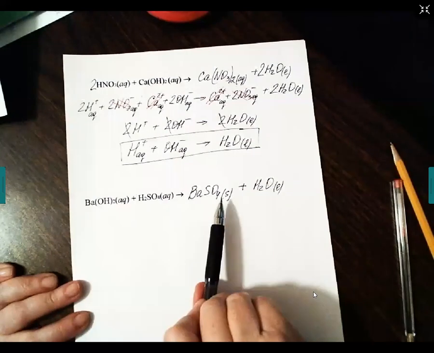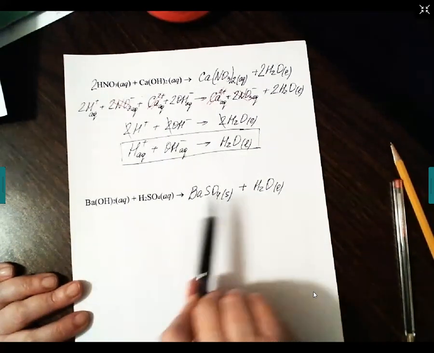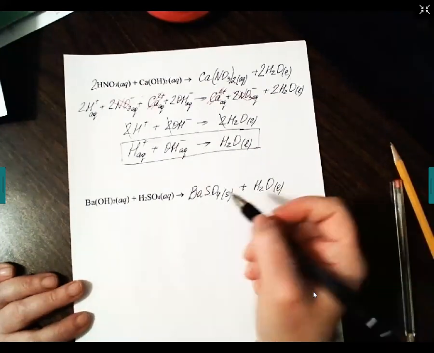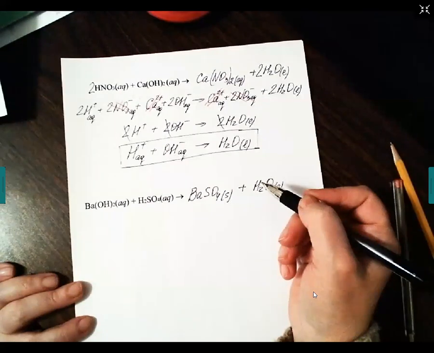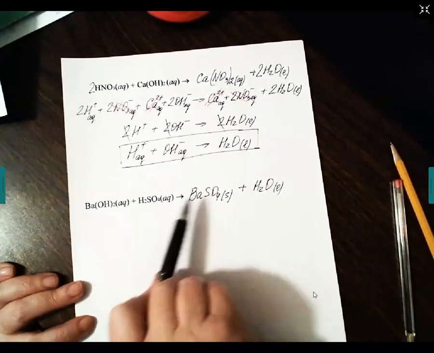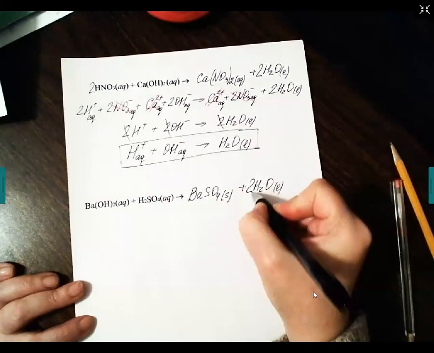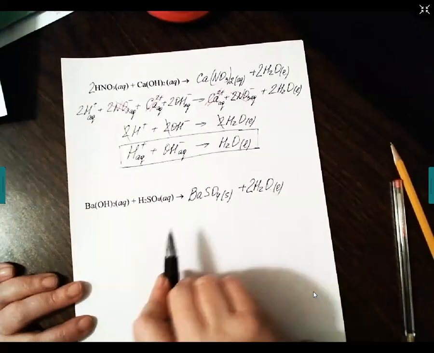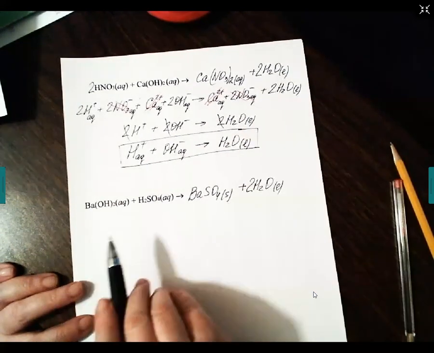So we have 2 products, solid and liquid, no soluble products. Let's check coefficients. So 1 barium, 1 barium, 1 sulfate, 1 sulfate, but to balance it, we need to put coefficient 2 in front of water, and now it is balanced the same way this one was balanced.